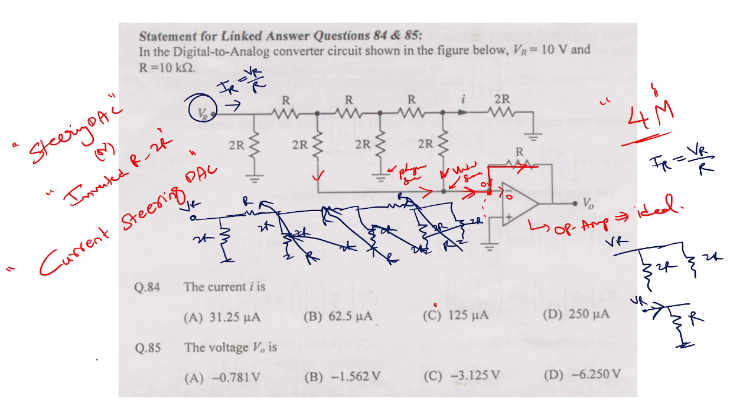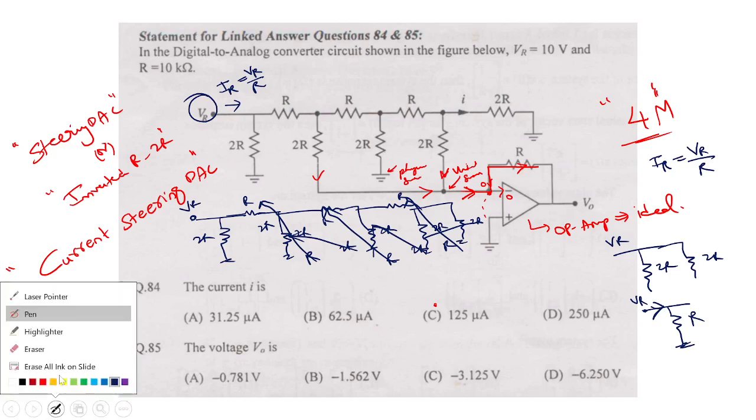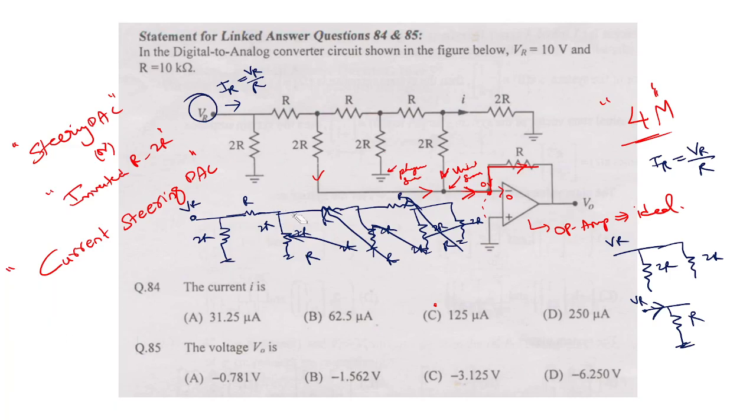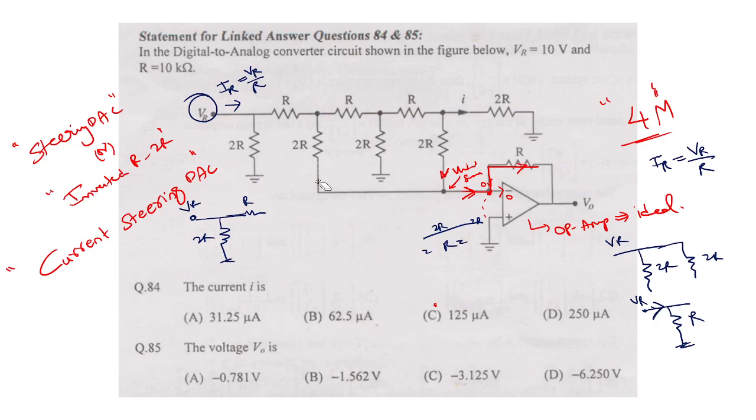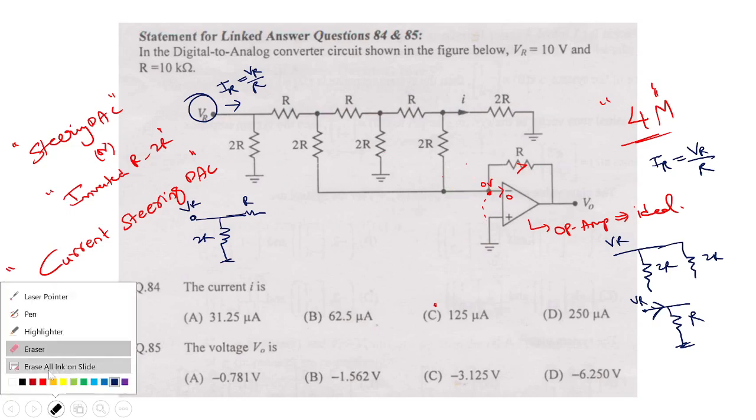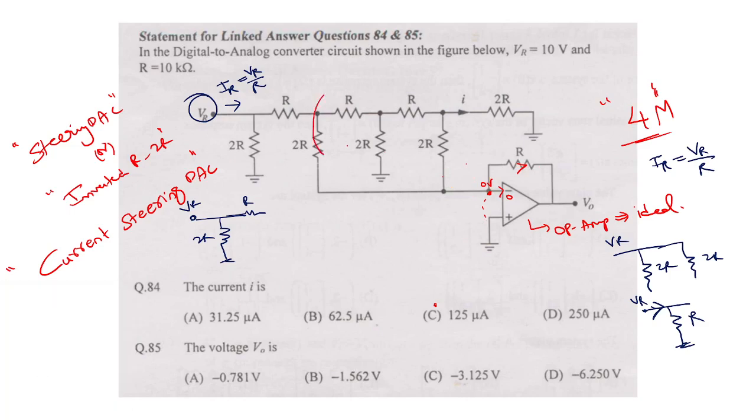Not only that, if you observe this network, you see 2R, 2R, R, 2R, R, 2R, R, correct?